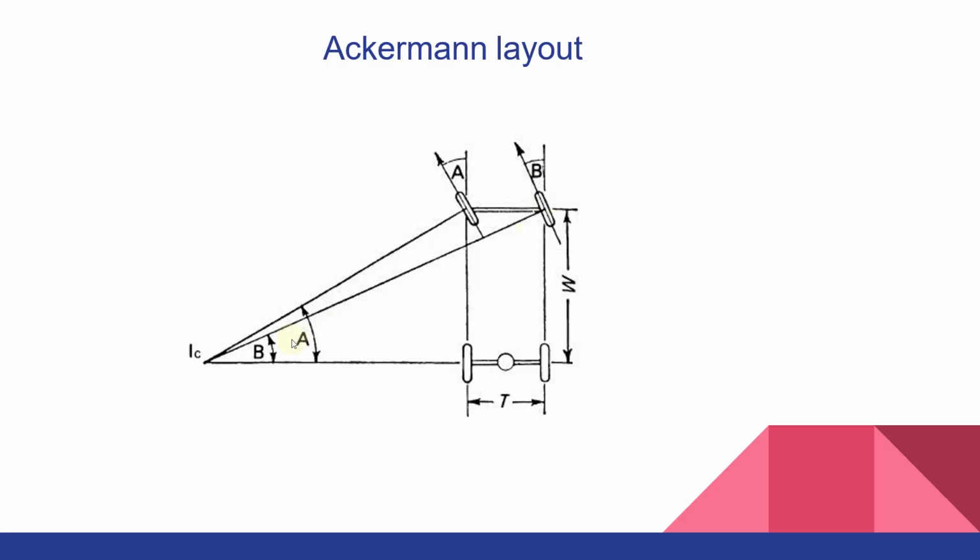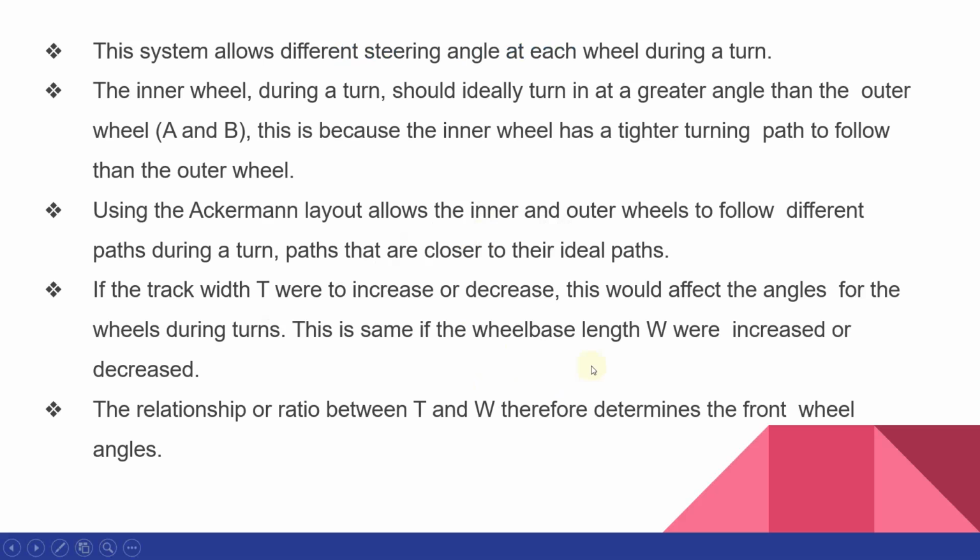One angle is A and the other angle is B. So why do we need to keep both these angles different? That is explained by the Ackermann system. Only if these tires are aligned at different angles will the vehicle undergo a turn correctly.